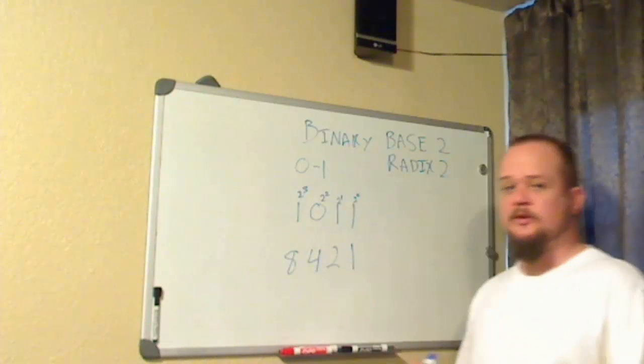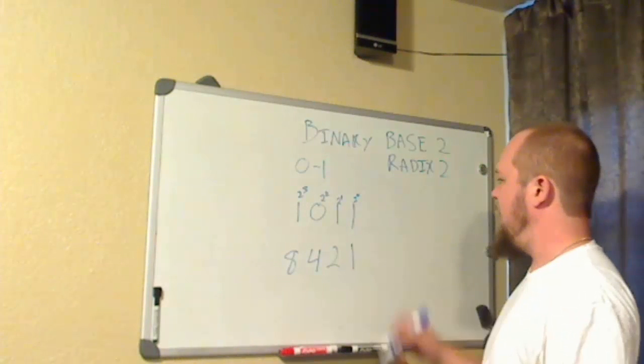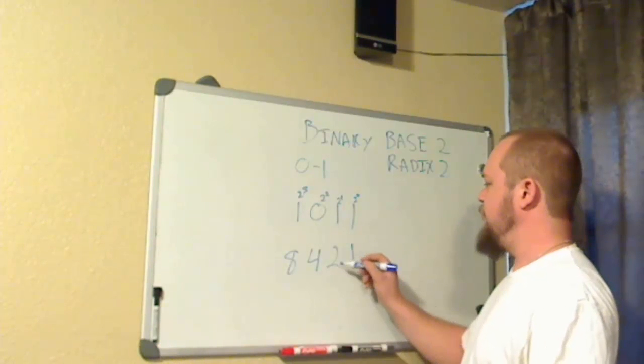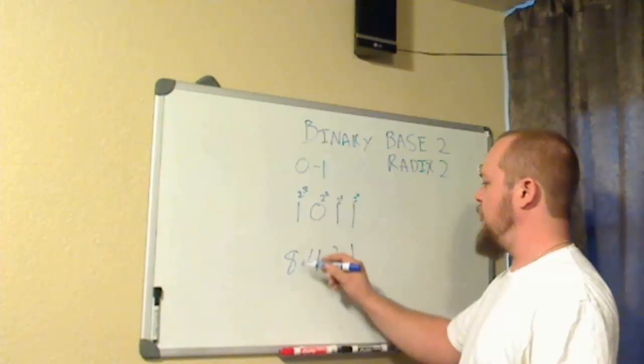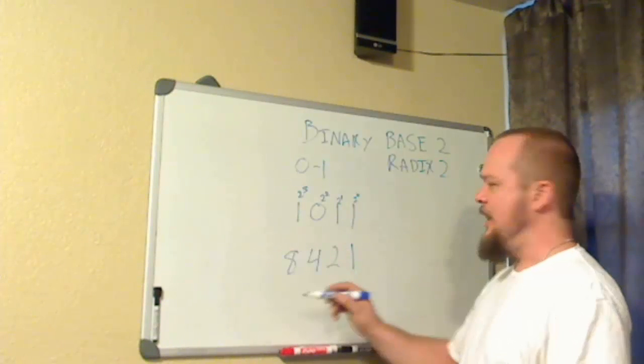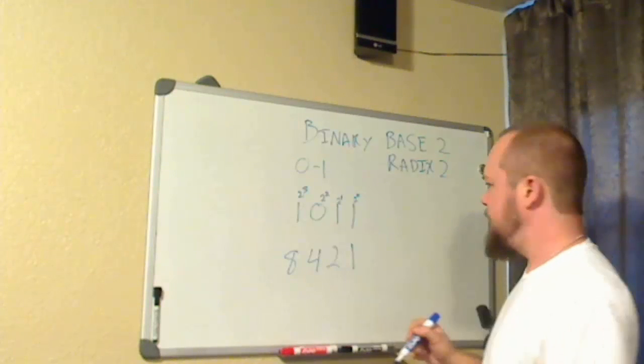Binary is the simplest of the weighted number systems. So instead of looking at it and thinking about powers, we could also say 1 plus 1 is 2, 2 plus 2 is 4, 4 plus 4 is 8, 8 plus 8 is 16, 32, 64. And you can just double these numbers to find each next positional weight.